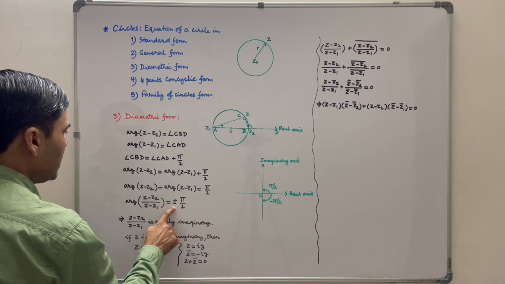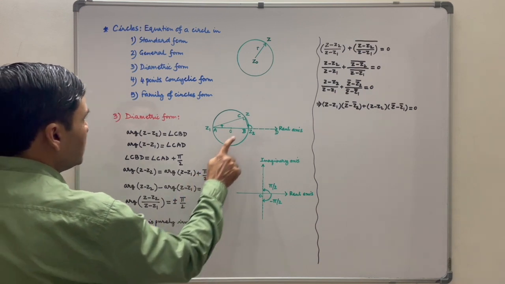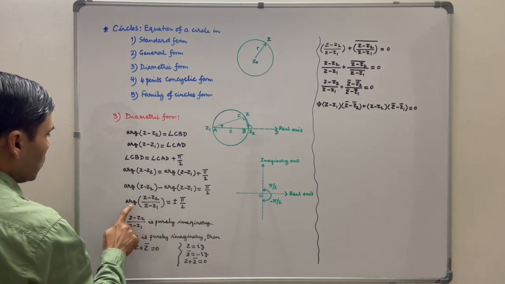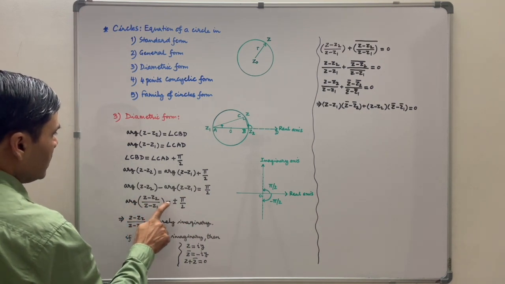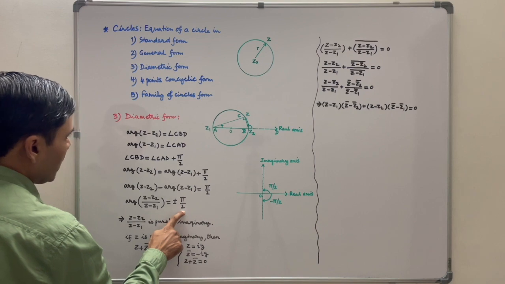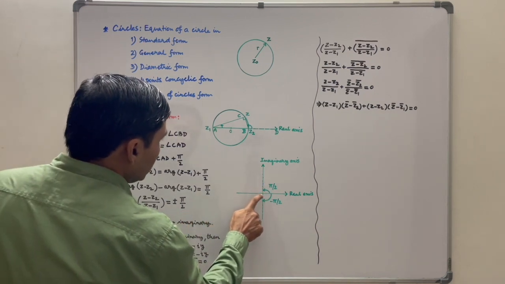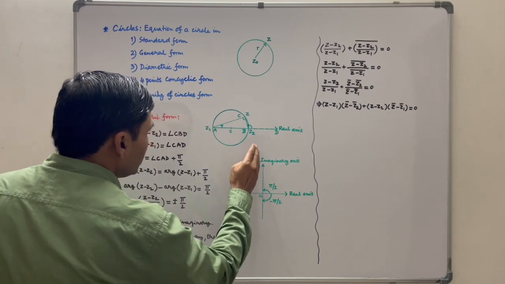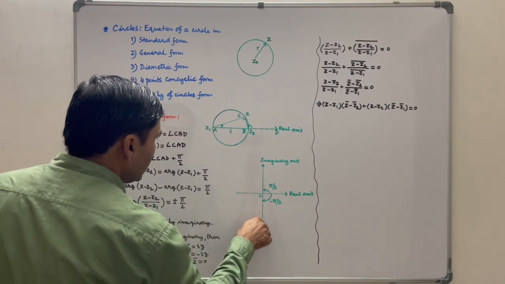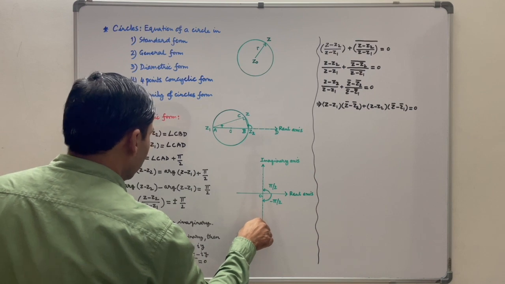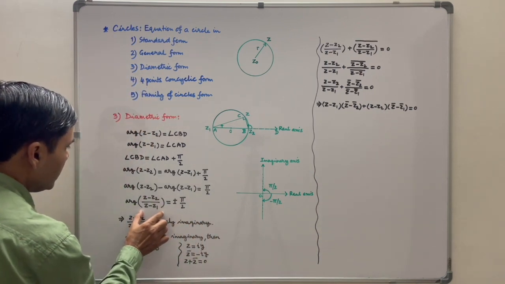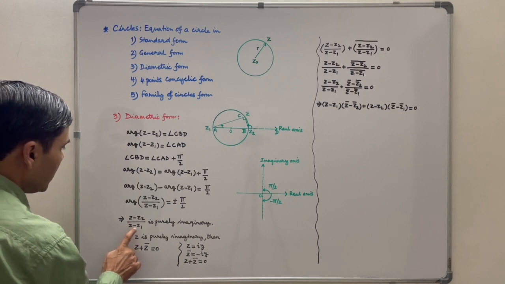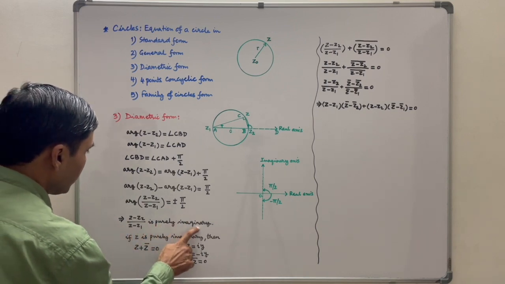We can write minus pi by 2 as well because Z can be downwards also. Now, argument of some complex number is equal to plus minus pi by 2, so the number will be purely imaginary. It can lie on the positive side of the imaginary axis or on the negative side. So (Z minus Z2) upon (Z minus Z1) is purely imaginary.